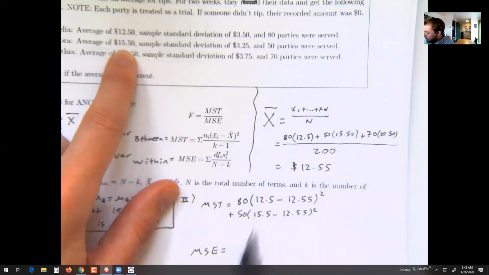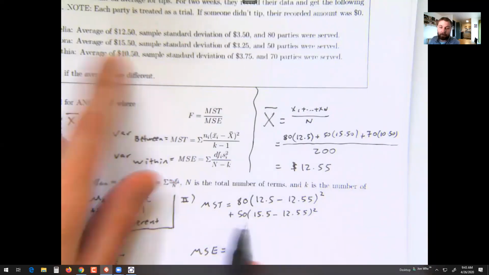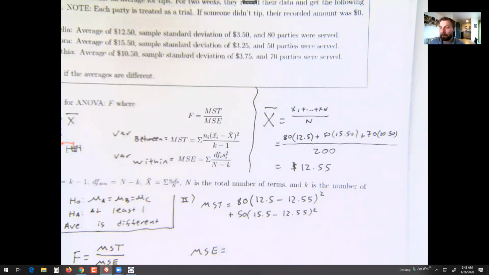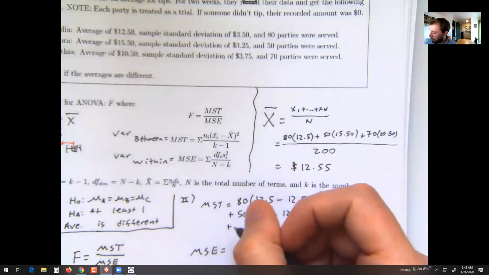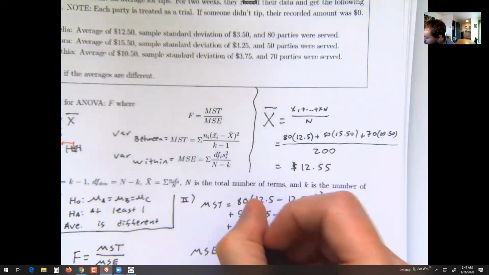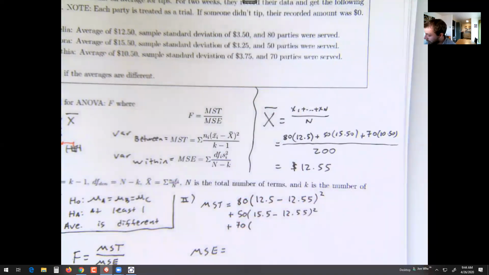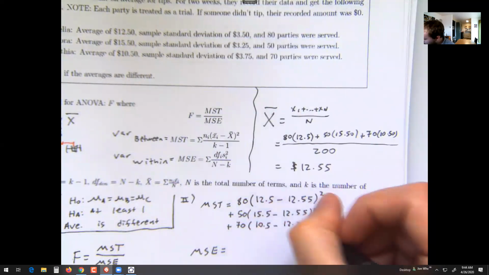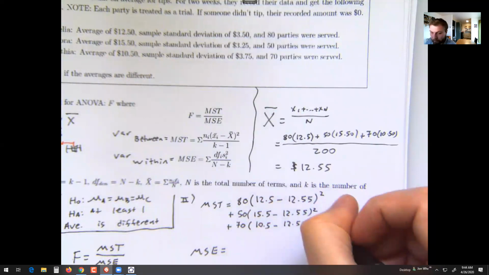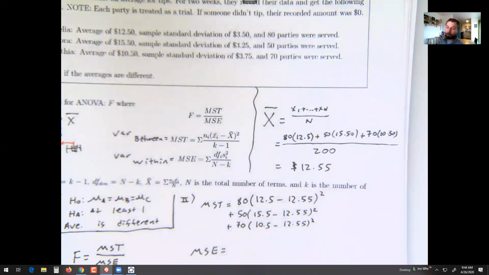So Barbara was considerably further away, but she also served less tables, so that might be a factor in that. Maybe this is just due to sample variation. Finally, Cynthia looked at 70 tables, an average of 10.5, and I'm going to compare her average to the overall average of 12.55.